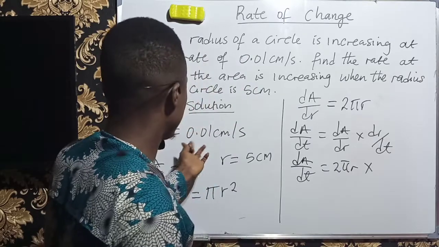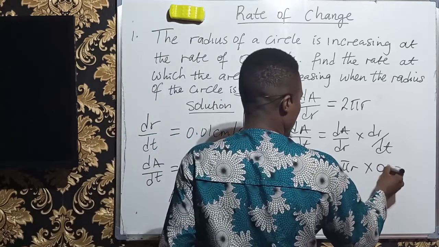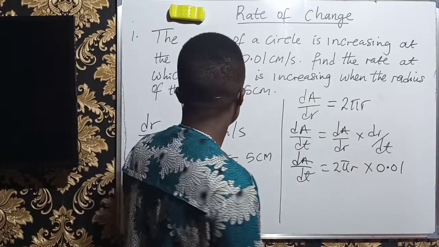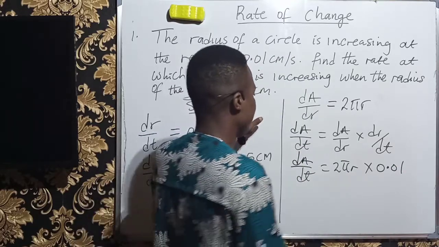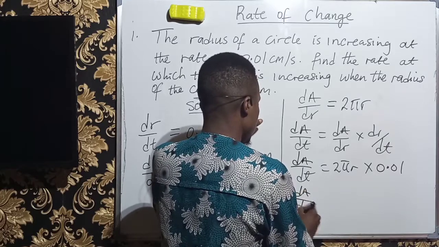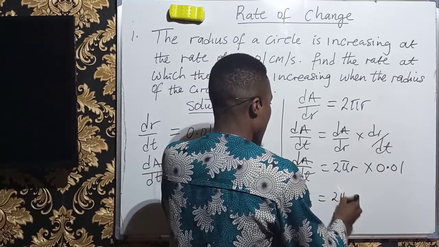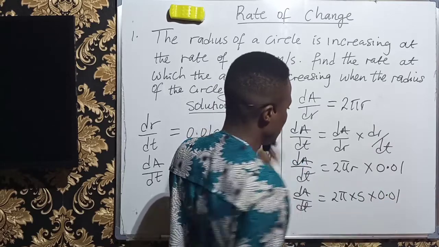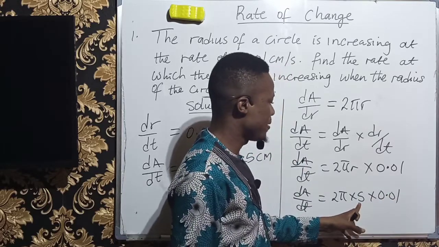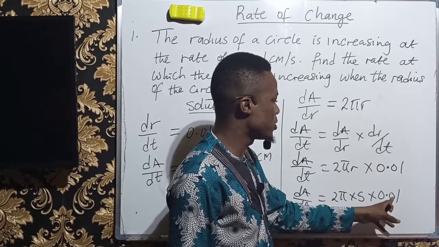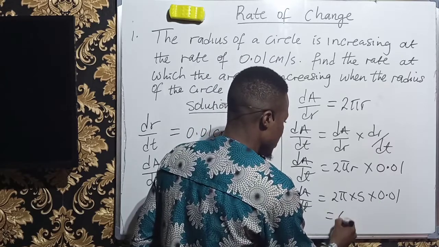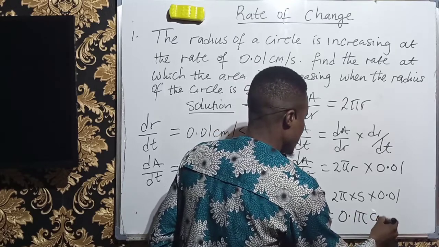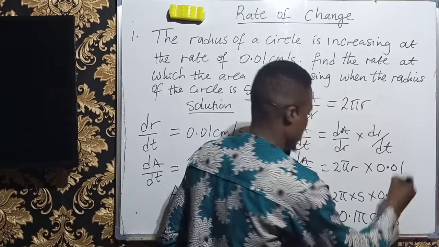My dr dt is 0.01, so I'll write 0.01. But what is r? r is the radius of the circle, and the radius of the circle is just 5. So dA dt will give me 2 pi times 5 times 0.01. Now 2 times 5 is 10, and 10 times 0.01 will give me 0.1 pi centimeter squared per second.